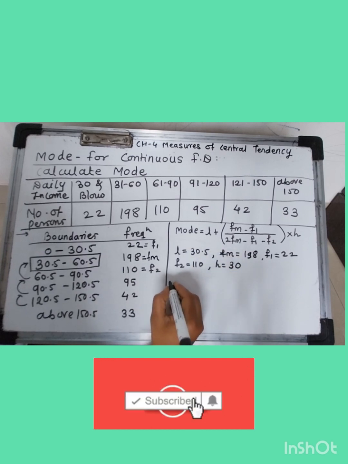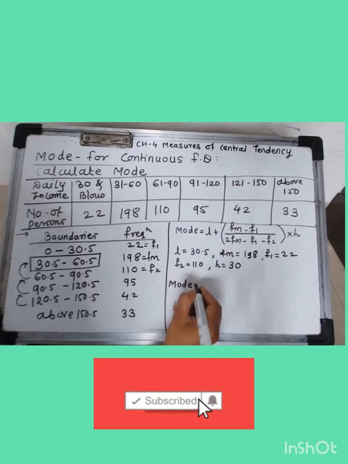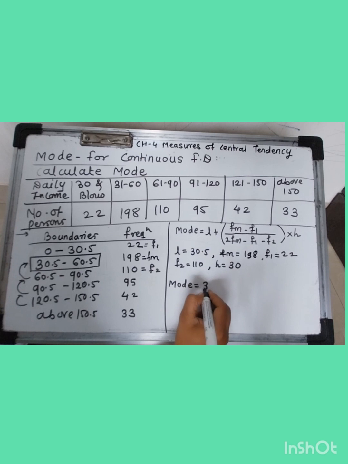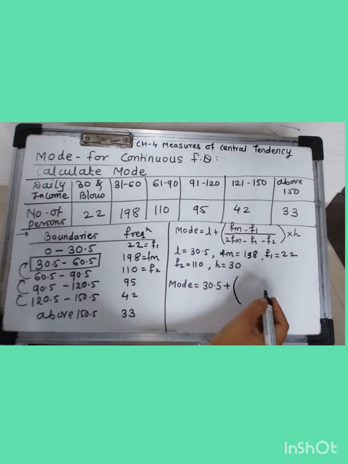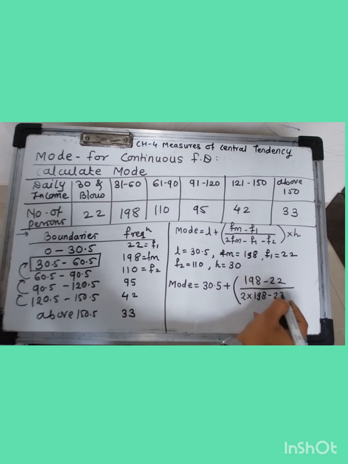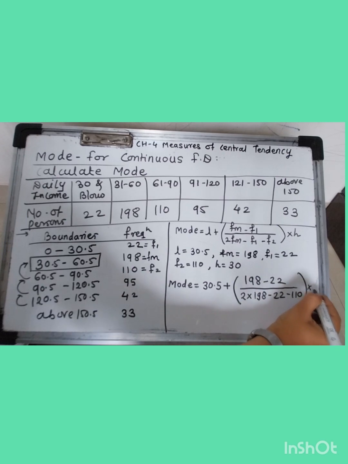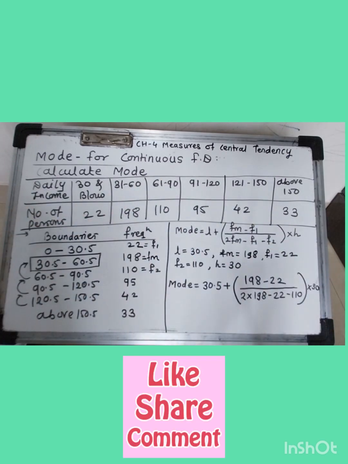Put all values in the formula. Mode is equal to 30.5 plus (198 minus 22) divided by (2 into 198 minus 22 minus 110), into 30. Put all values in the calculator.